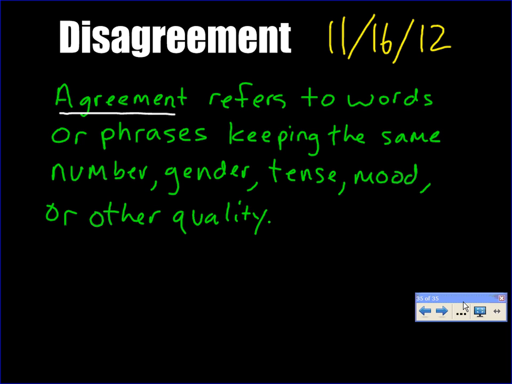Here's your concept, agreement. First, are words or phrases keeping the same number, gender, tense, mood, or other quality. Words have qualities.